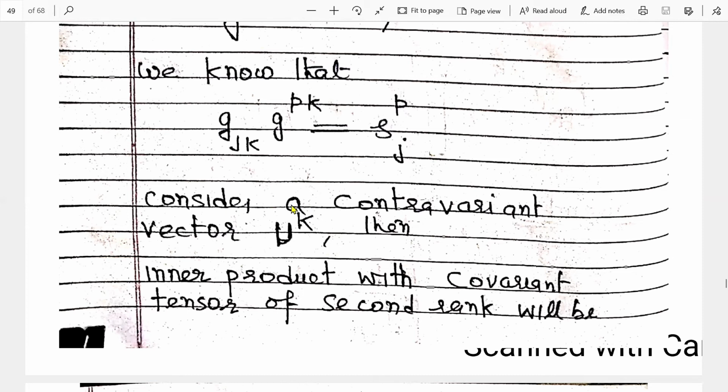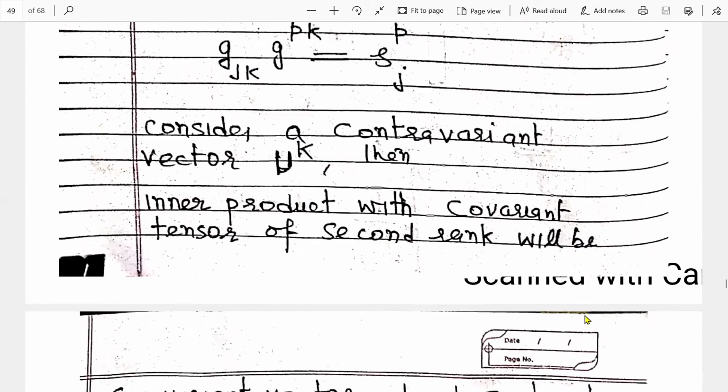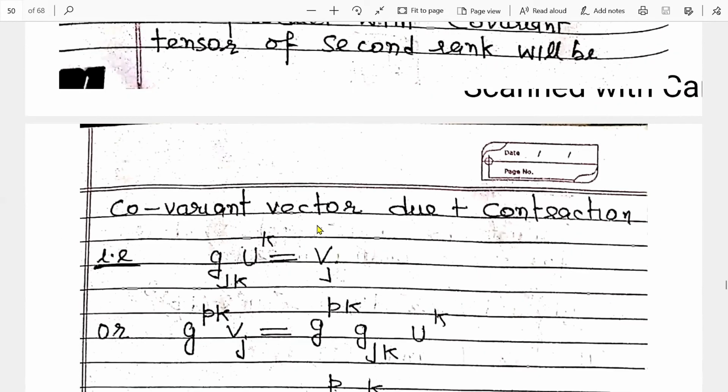Now consider this U^k is a contravariant tensor. Then its inner product with the covariant tensor of second rank will be a covariant vector due to contraction. So multiplying by this, it will be equal to V_j.